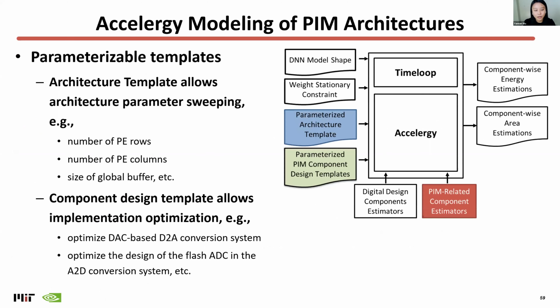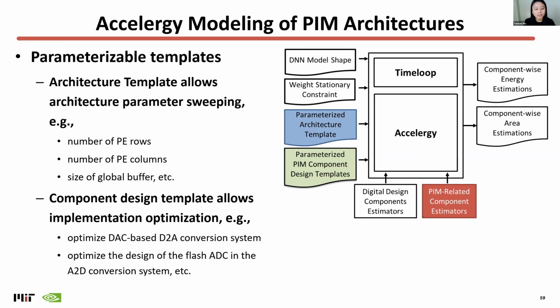So this is, at a high level, how Accelergy can be adopted for modeling such emerging technology-based architectures. We also provide infrastructure with Accelergy and Timeloop, with a parameterized architecture template as well as component design templates, to allow easier modeling of such PIM architecture designs. The architecture template allows us to change architecture-level parameters such as the number of PE rows and columns or the size of the global buffers.